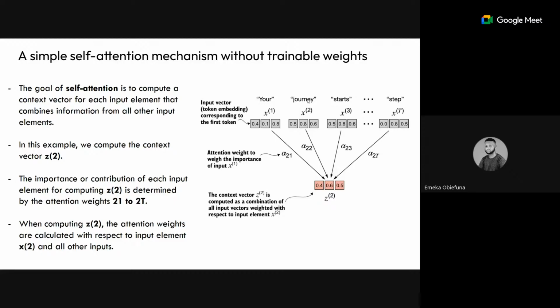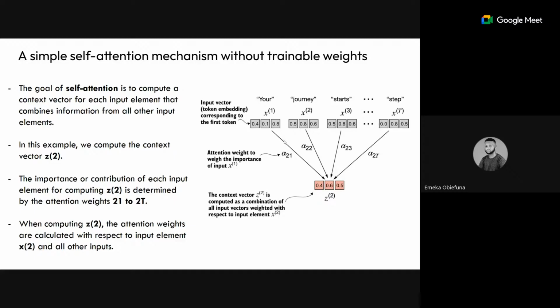To compute the context vector for this second token, you first have to compute the attention weight of this guy with respect to "your." So we want to know how important is this first token with respect to Johnny. How important is Johnny with respect to itself? How important is Johnny with respect to "starts," and so on?